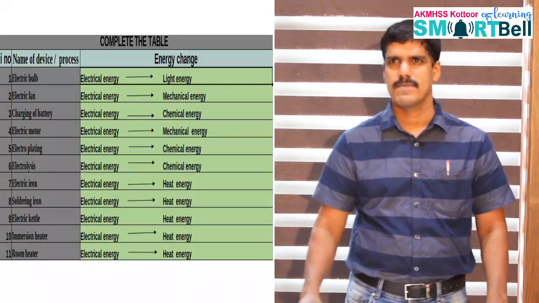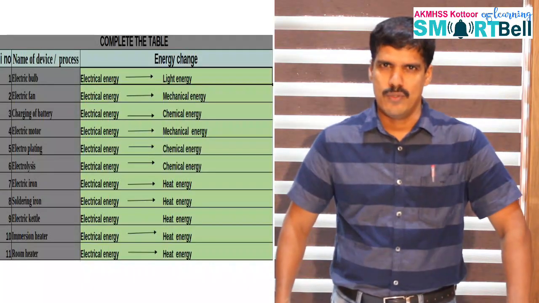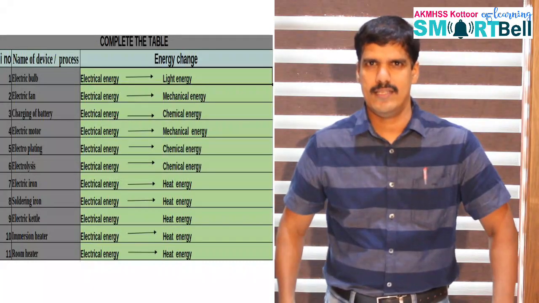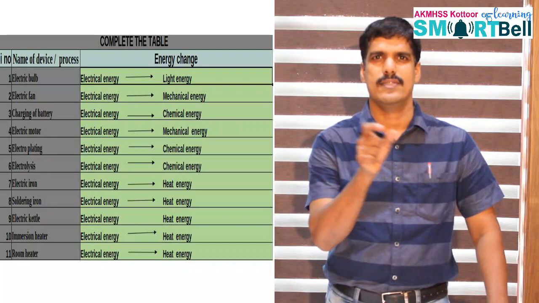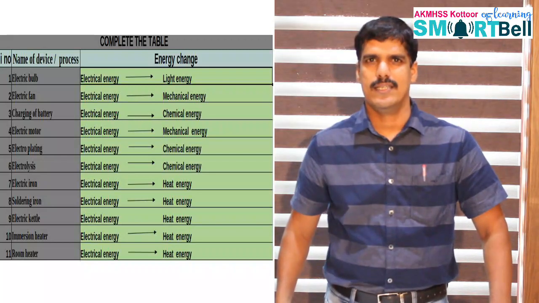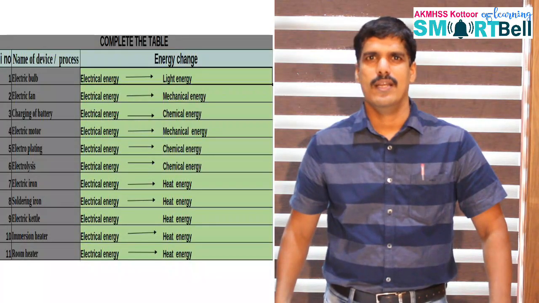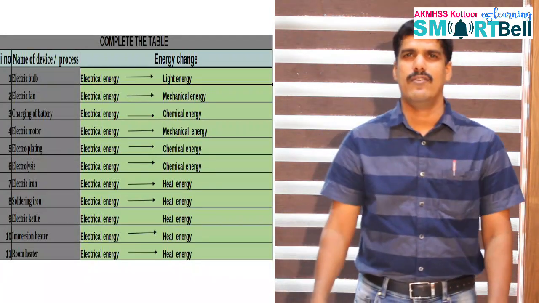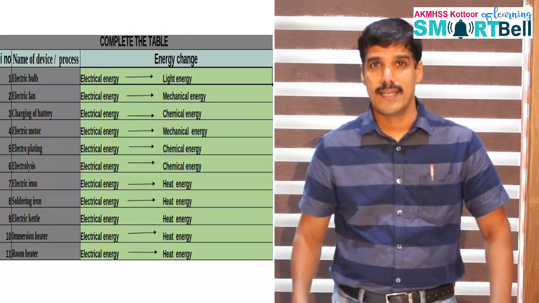Okay, now we've finished completing the table. In this table you saw that in our first device, the electric bulb, electrical energy is converted into light energy. In the electric fan, electric energy is converted into mechanical energy.